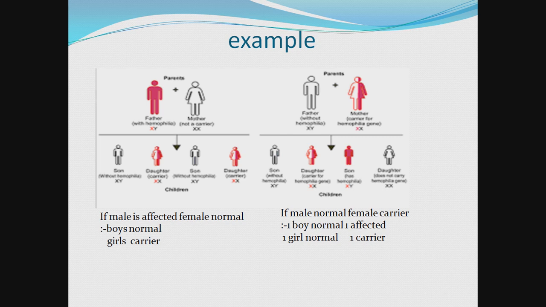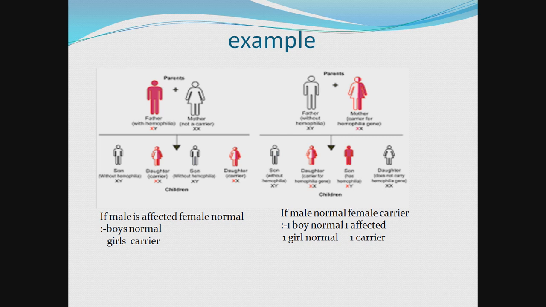So here the daughter will become a carrier. The next combination is normal X with normal Y, that will become a male without any difficulty.